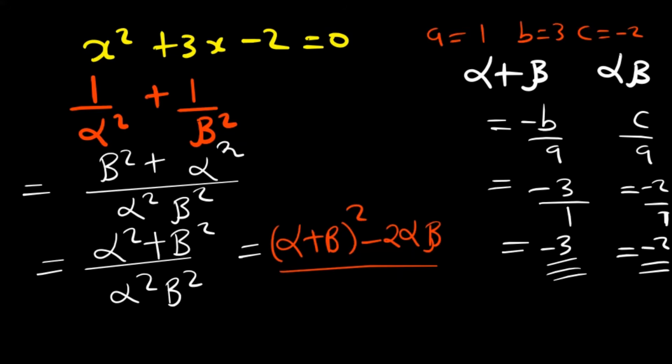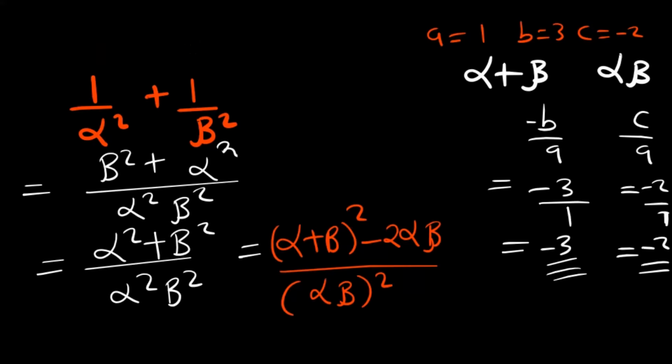Then the alpha multiplied by beta, because both of them are squared, I can get alpha and beta and I square them. Okay, basically that pretty much. Then since we've got everything that we need, we just need to now replace and solve.